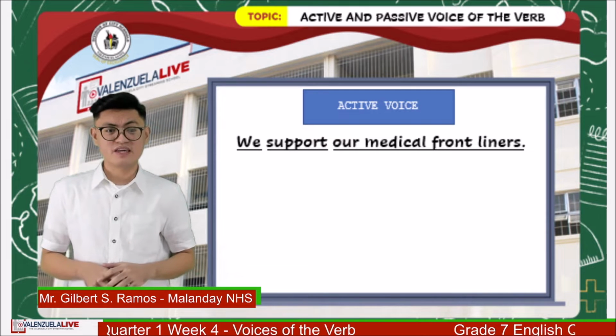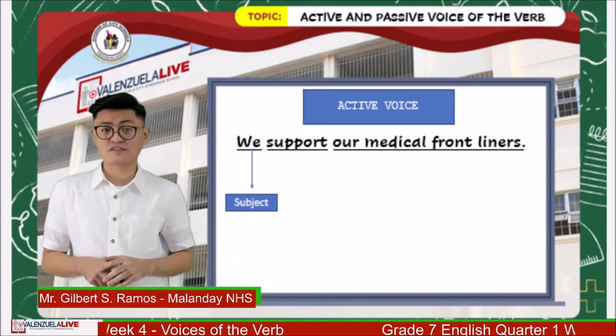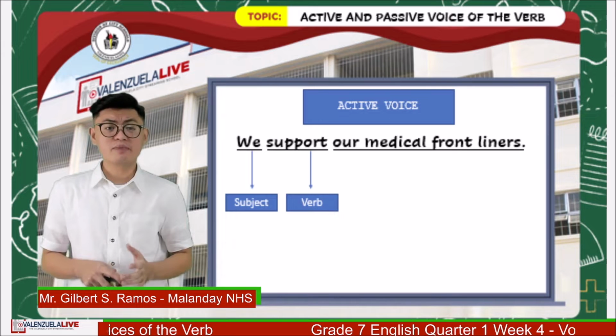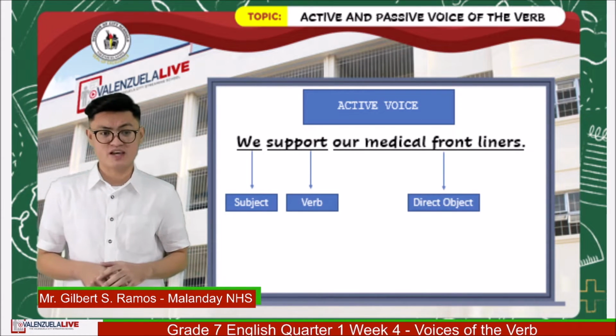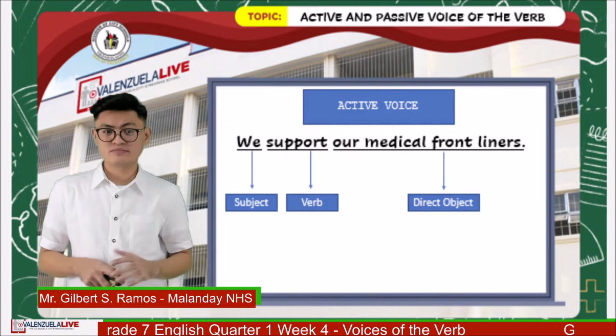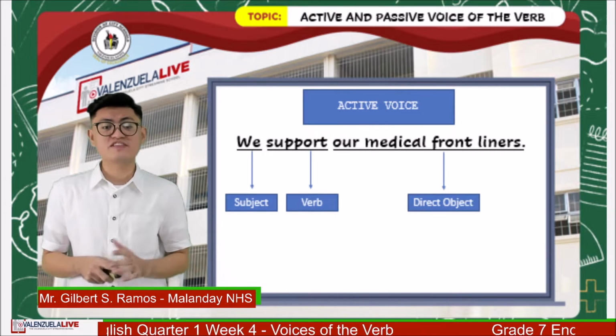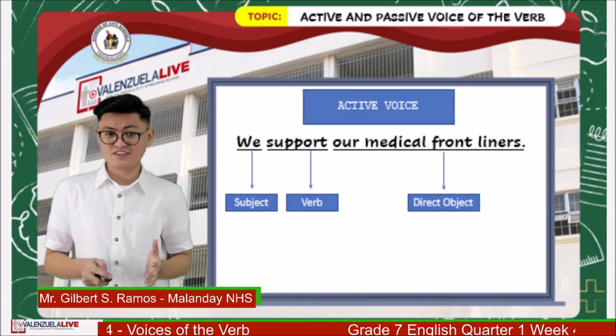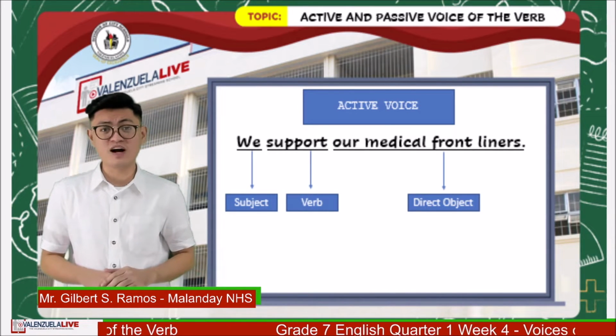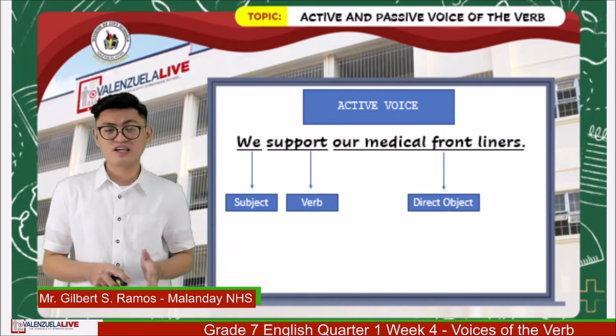Support is the verb or the transitive verb. Our medical frontliners functions as the direct object. To recall, a direct object receives the action of the subject. So the pattern of sentence number 1 is SDO.